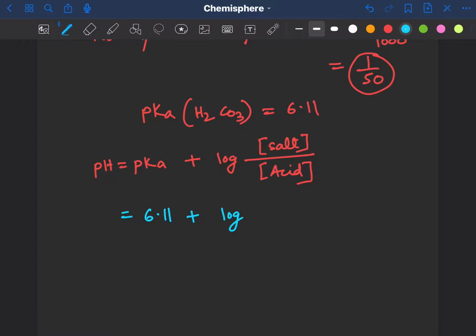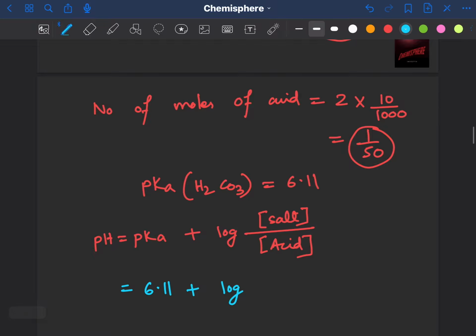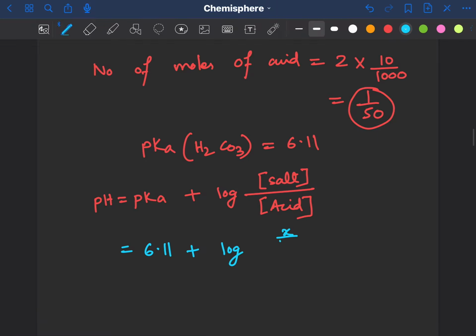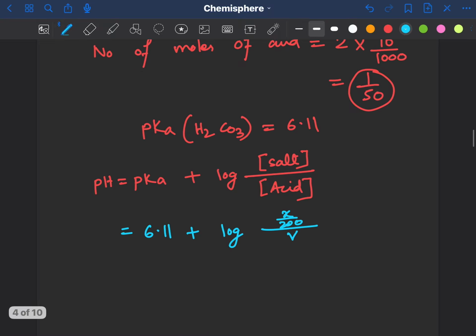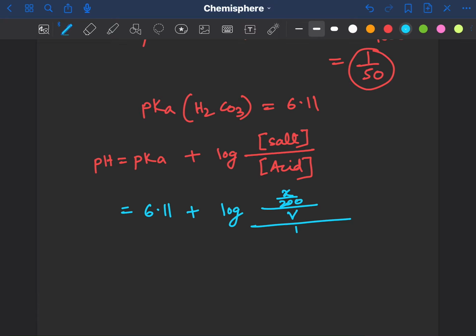The number of moles of the salt we calculated as X by 200, divided by the volume of the solution, and the number of moles of acid is 1 by 50 divided by the volume of the solution.